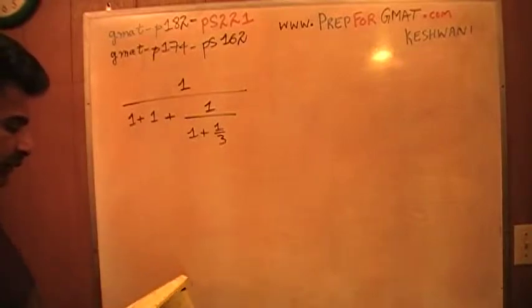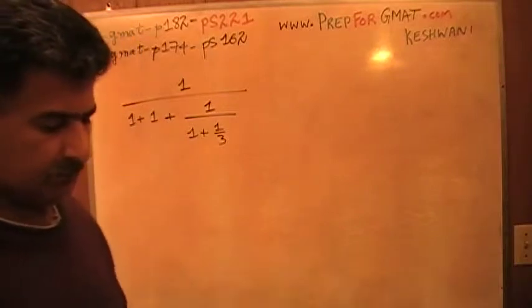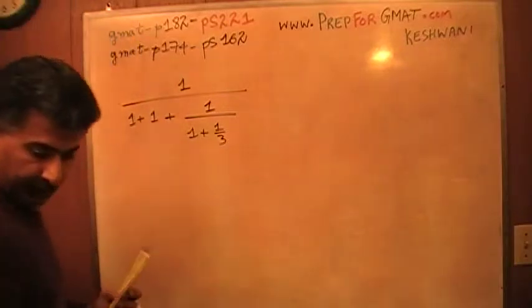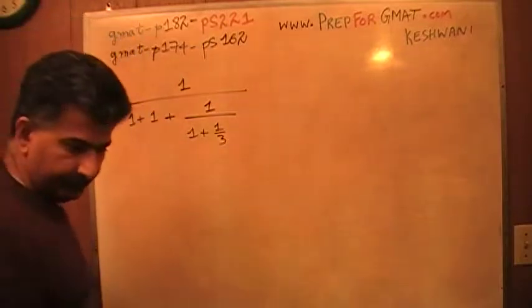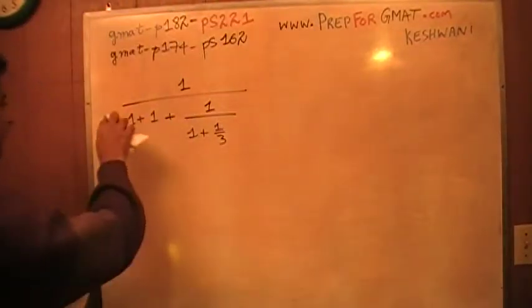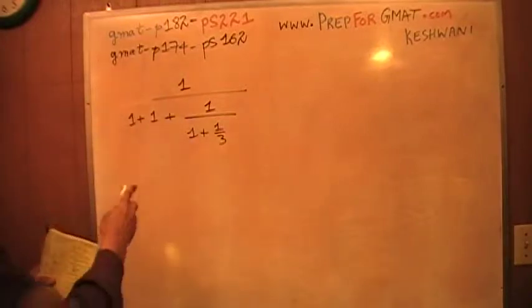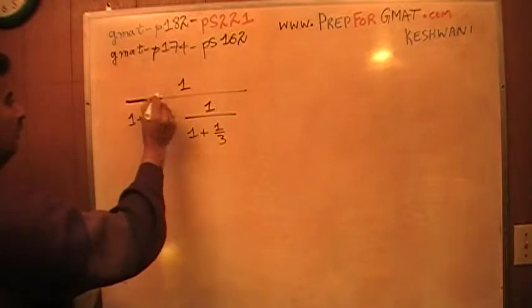It's not a very well written problem because I just don't like it. This line, their line does not extend beyond this thing, which is not proper. It annoys me. This line should have extended all the way here.